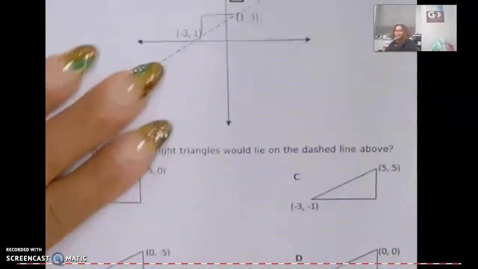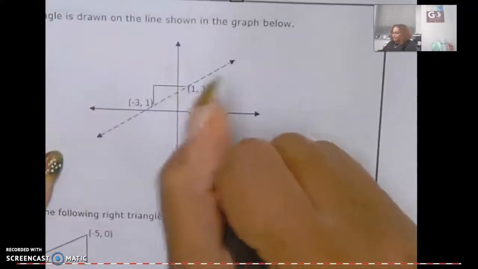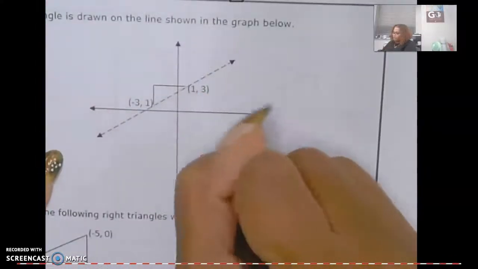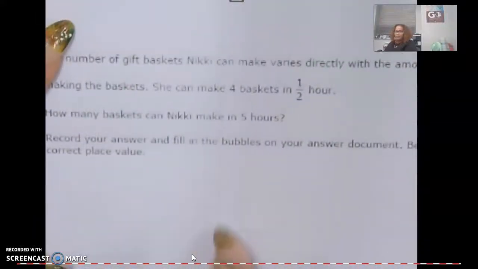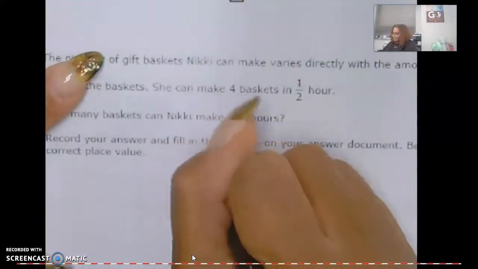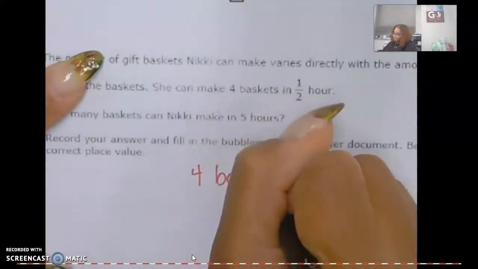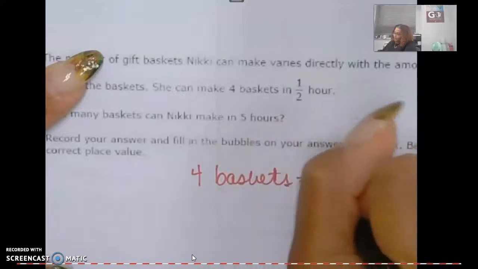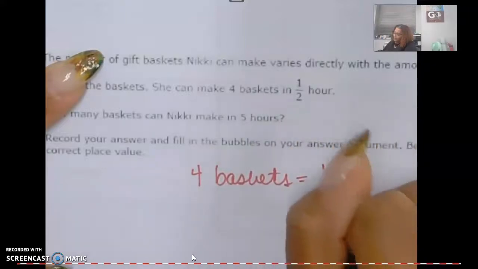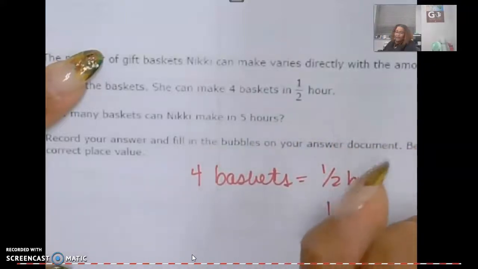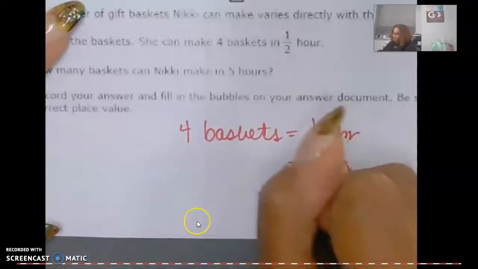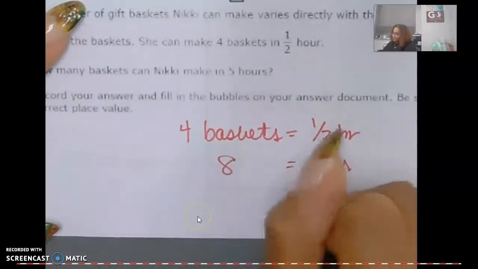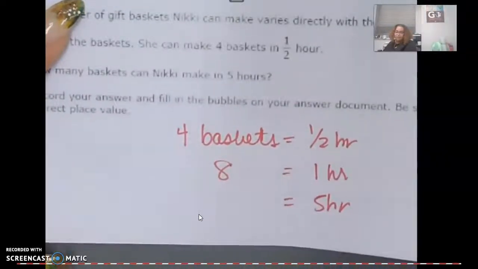All right. Here, everyone should have done this in class. You've got to have the same slope. Here, varies directly. 4 baskets in a half hour. I need 1 hour, and then I need 5 hours. 1 hour is 8 baskets, so you should be able to figure out what 5 hours makes.